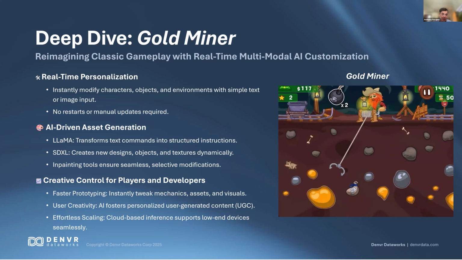We were able to use SDXL to generate new images and objects, and then we had to innovate and create all these new innovations within our own workflows, for example, inpainting. So you could specifically identify different objects within the scene and be able to just change those graphics in real time. So that was the challenge.